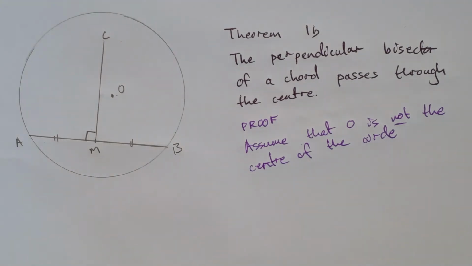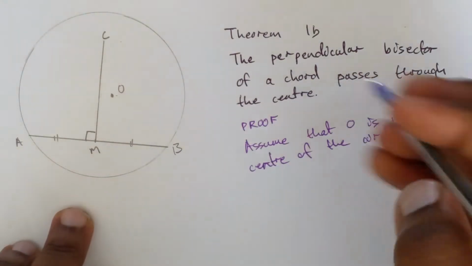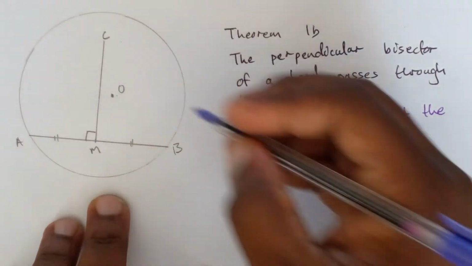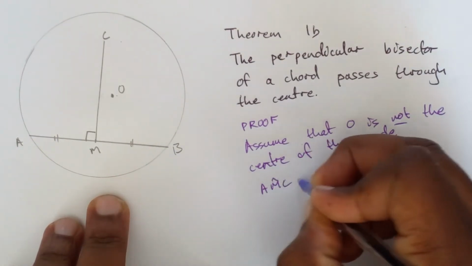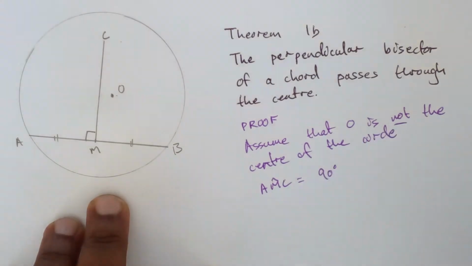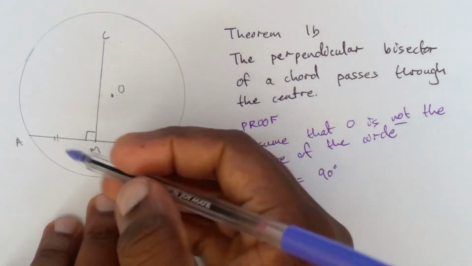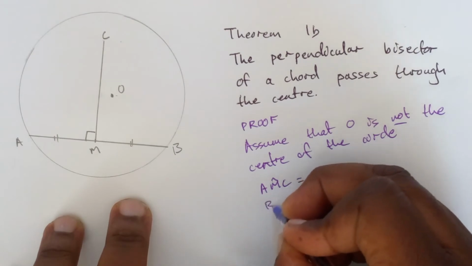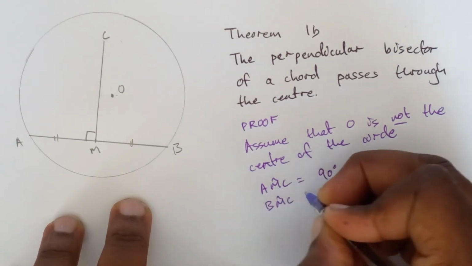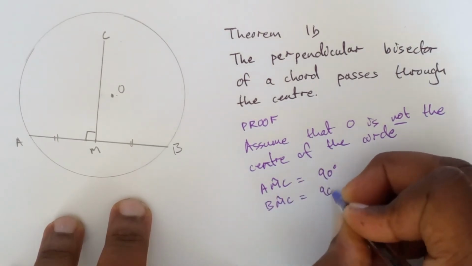That's what we're trying to look at here. Now, what we do know is that this angle AMC is equal to 90 degrees. Well, we drew it at 90 degrees, right? So if AMC is equal to 90 degrees, then that means BMC should also be equal to 90 degrees.